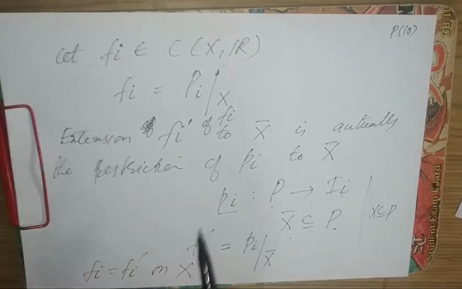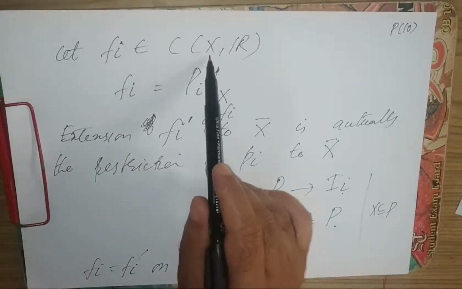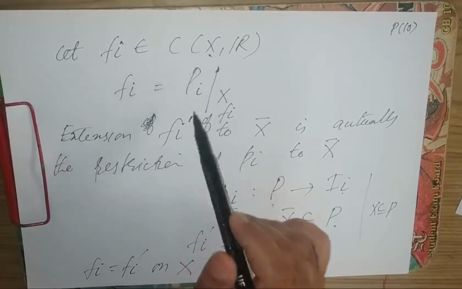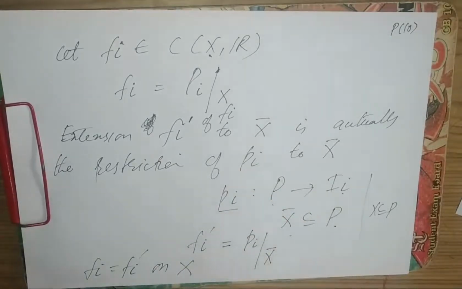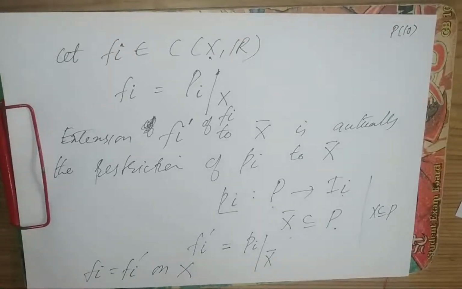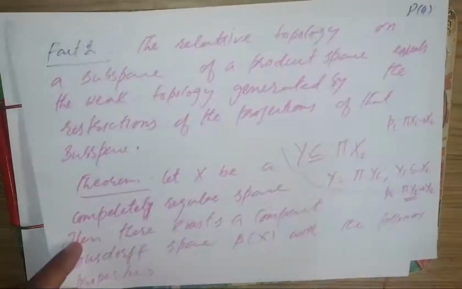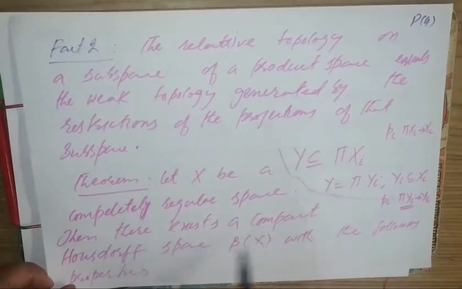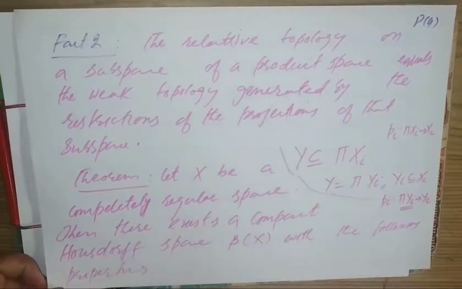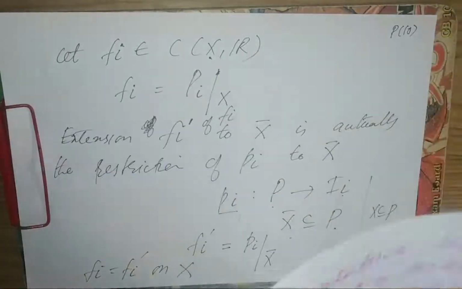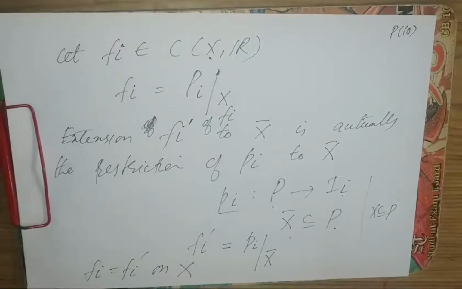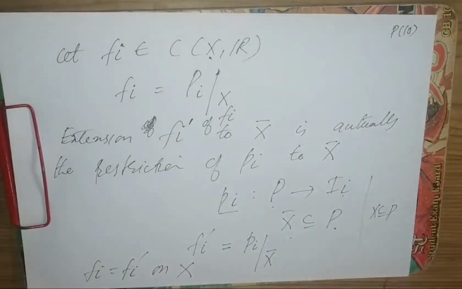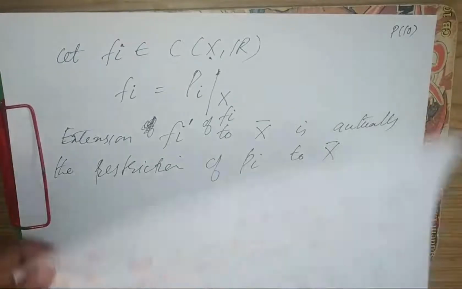So that means every bounded continuous real function on X can be extended to a bounded continuous real function on the closure, and that closure is a compact Hausdorff space. Thus we have proved the theorem: if X is a completely regular space, then there exists a compact Hausdorff space beta X with the following properties.